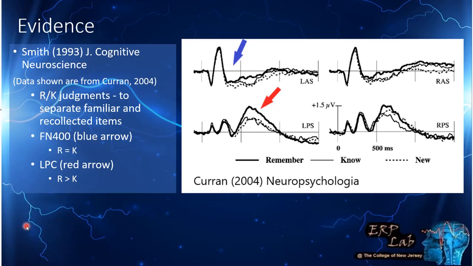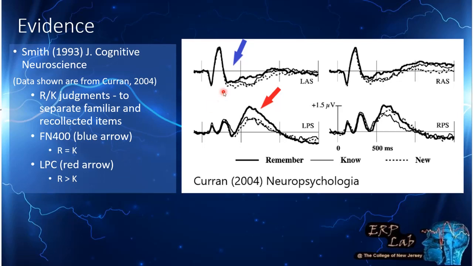Subjects are instructed that if they can remember a particular detail, recollect a detail of the encoding episode, like the speaker's voice, for example, they would use the R to indicate that they've recollected that item. Otherwise, if they know the item is old, but they just know it's old, they would use the K judgment. And so this has been used to separate experiences of familiarity from experiences of recollection.